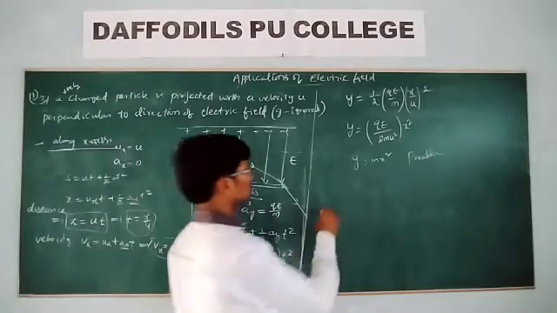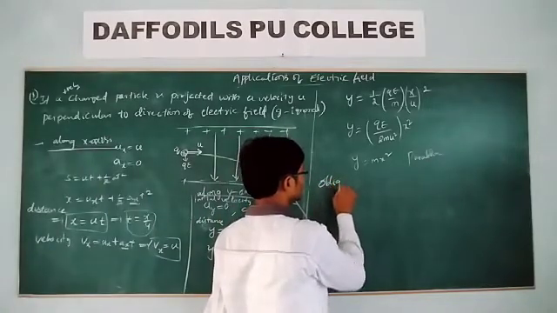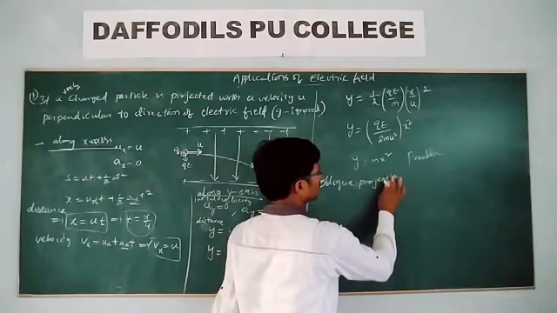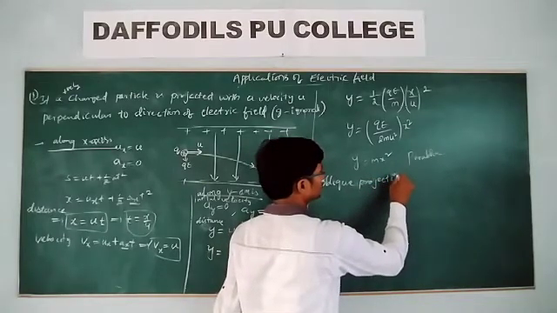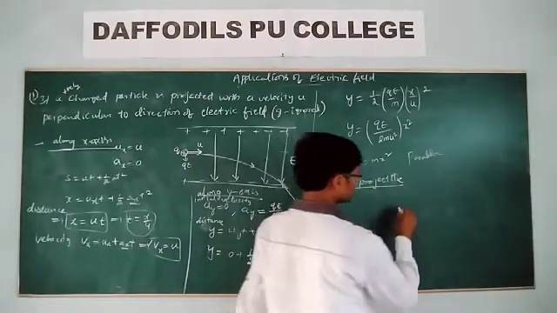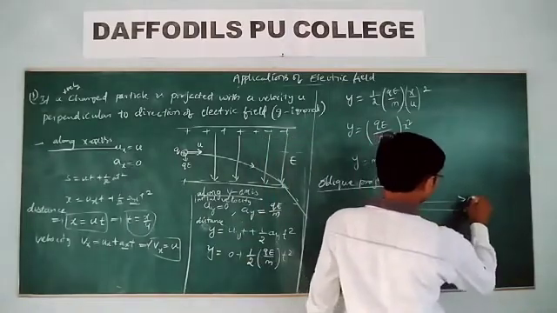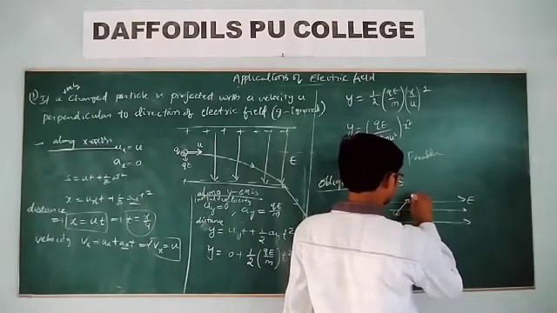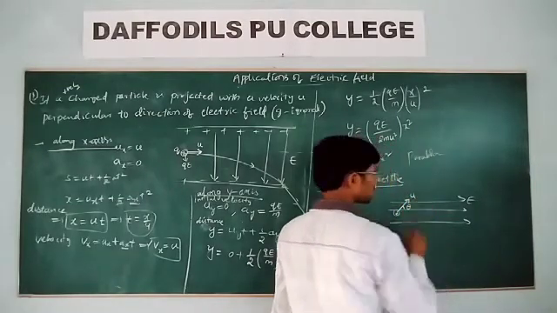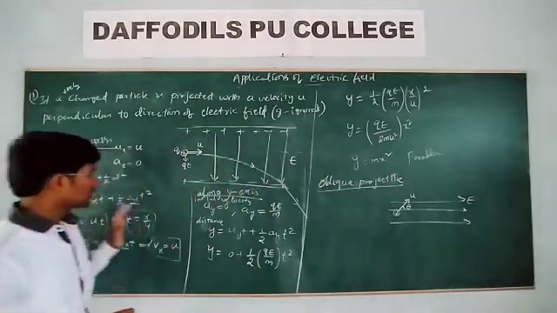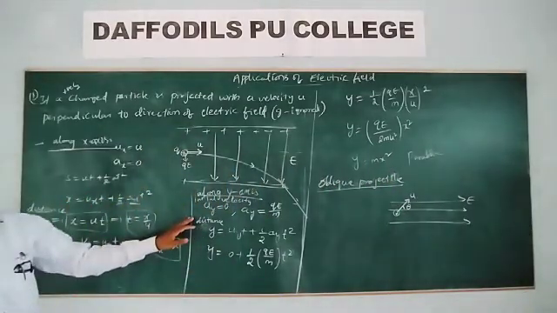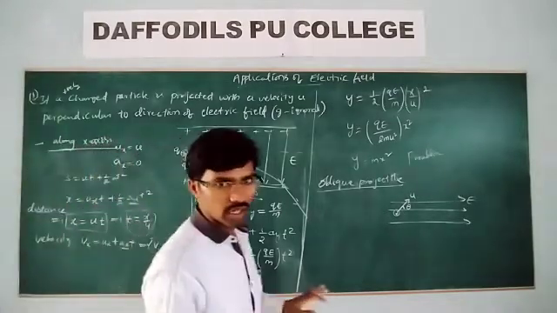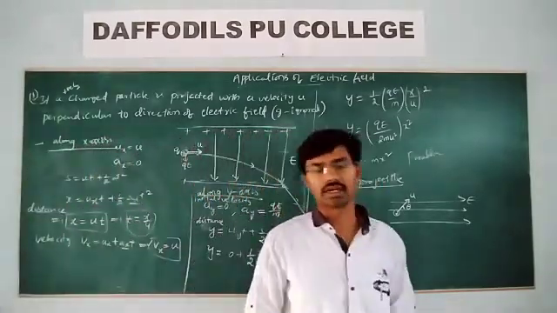If there is an electric field E, and a charged particle is projected with velocity u at an angle theta, it is the same as this one, again along x-axis, y-axis, z-axis. Everything would remain the same. Just instead of acceleration, we have to take qE by m. That's all.